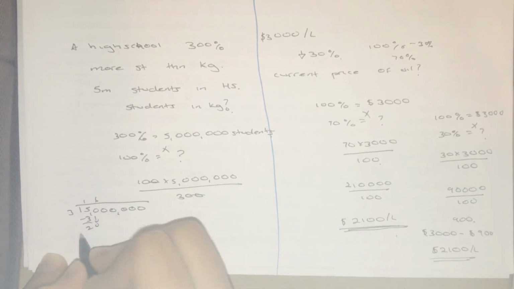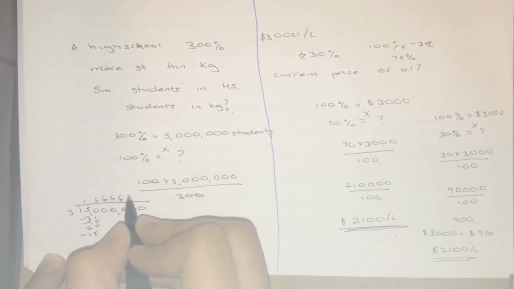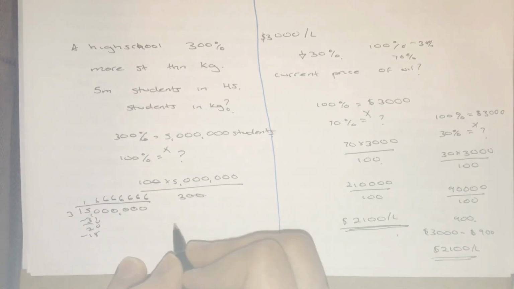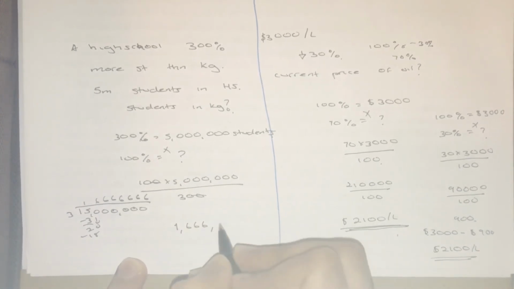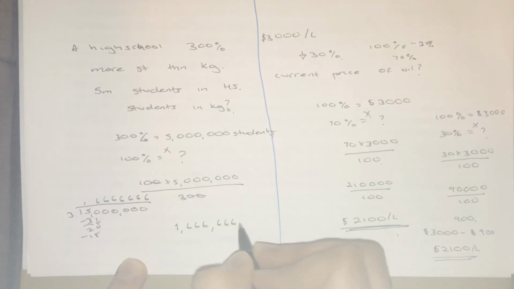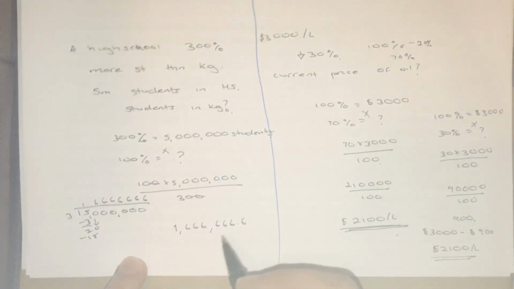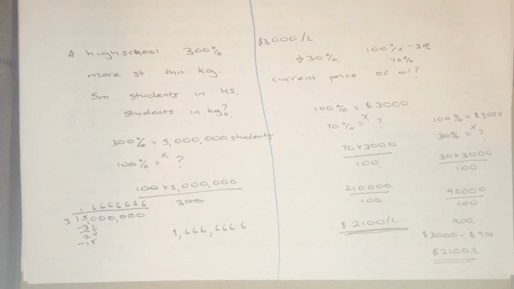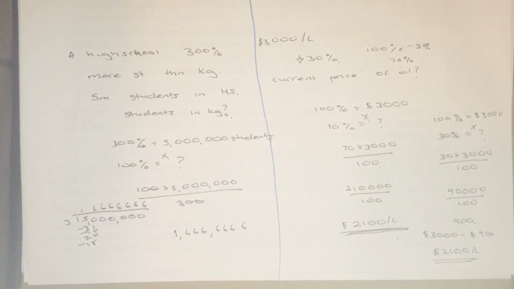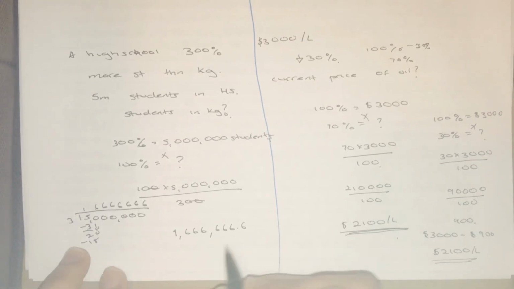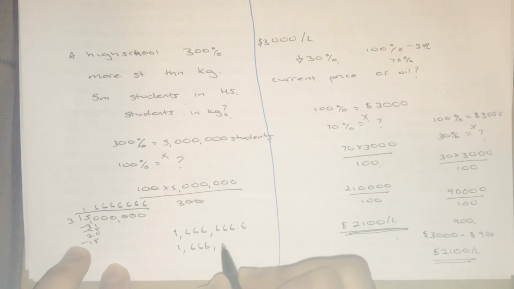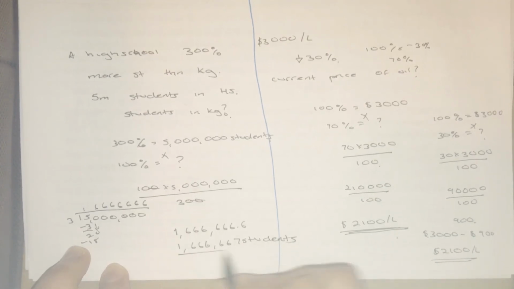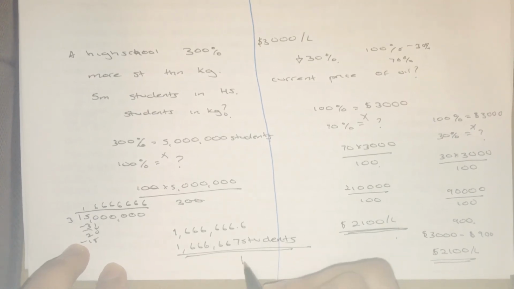So you're going to get 1,666,666.6, but remember you cannot have decimals for students. You can't have a half student attending school, so you round up to the nearest whole number. That's going to be 1,666,667 students. So this is the amount of students in kindergarten.